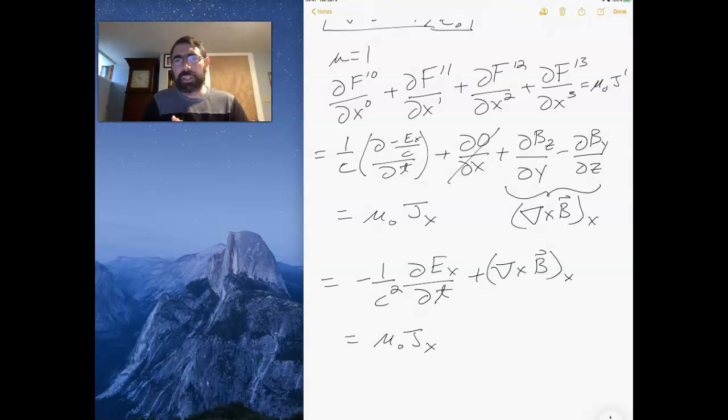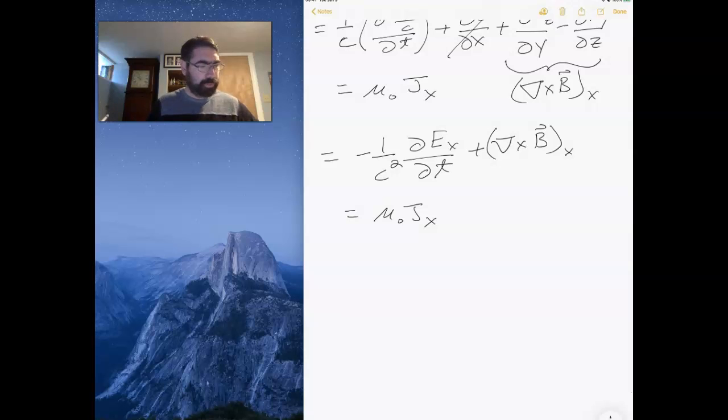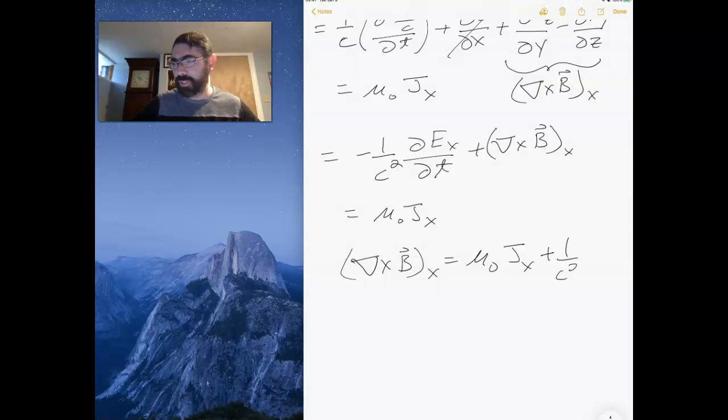So if you noticed, mu equal to 1 gives us the x component in every single term. And so what we have in the end is the curl of B, the x component, is equal to mu 0 jx plus 1 over c squared, this derivative of the x component with respect to time.